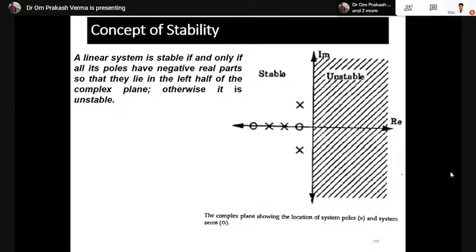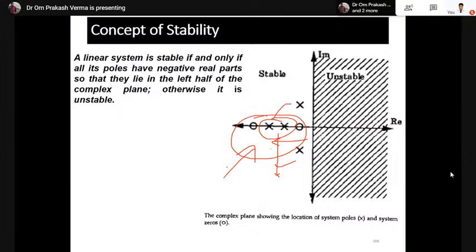The concept of stability is defined here as follows: whatever poles you find, if the poles are lying in the left hand side, then the system is said to be stable. Why is it so? What is the logic behind that? Why am I saying that if the poles are in the left hand side, the system is stable?